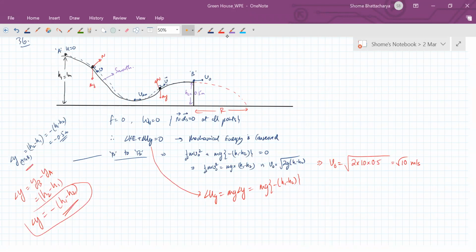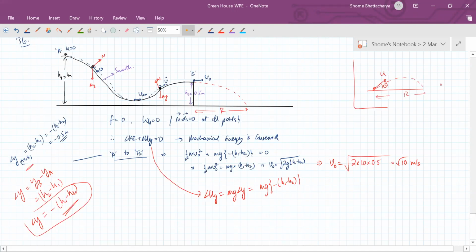No, not that formula. How can you use that formula for range? That is for a projectile which is projected from the ground. This formula for range that you're talking about is for this kind of situation. It's not projected from an elevated point. It's not the case here. So यहाँ पे क्या करेंगे?